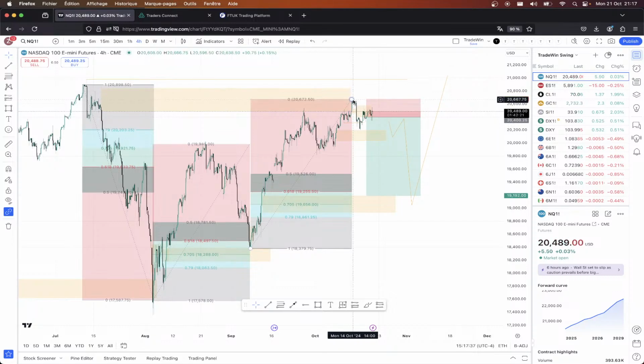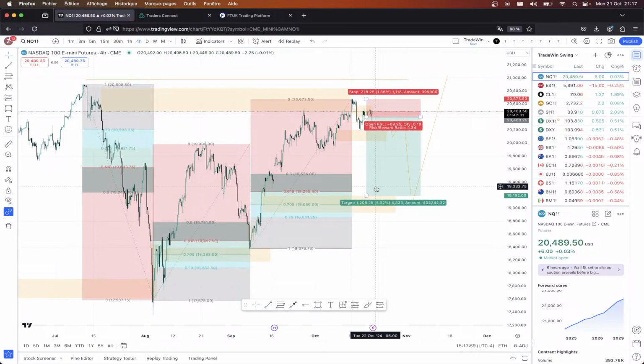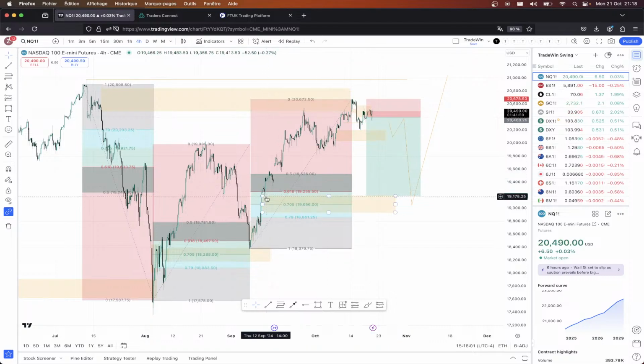So let's go. We make a new high, and what happens here? It's possible we go up, completely blasting the previous high. That's a possibility. Or we bounce back from this huge fair value gap or order block, call it whatever you want, and we go down. If you look precisely, my target is here, this nice untouched fair value gap, right into the 70% retracement level.